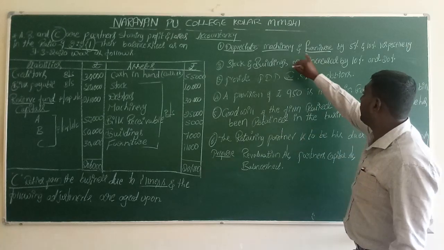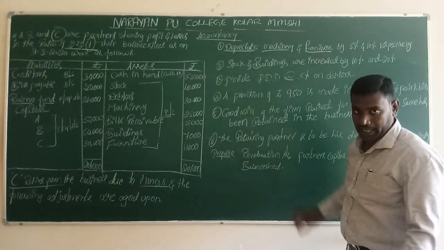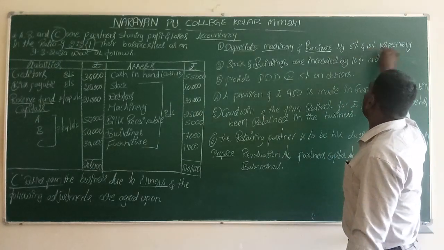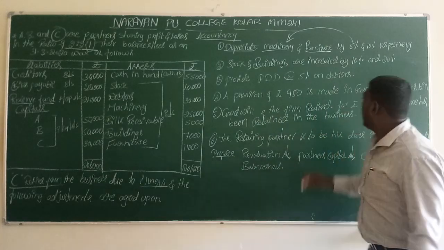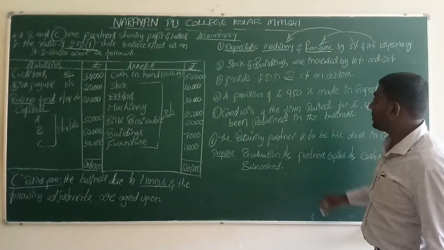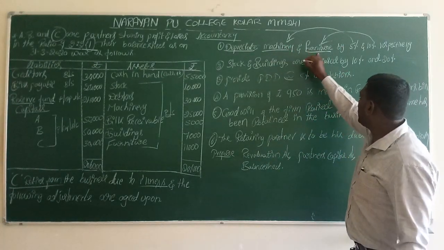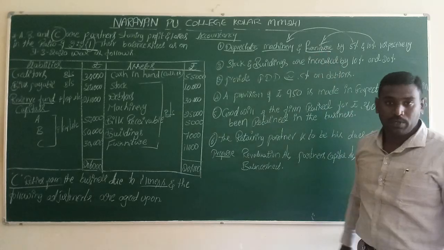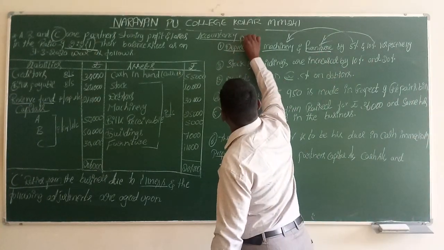But here they first give the names of the assets, that is machinery and furniture, and later the percentages. The first percentage goes to the first asset, and the second percentage to the second asset. So for machinery, 5% is the rate of depreciation, and for furniture, 10% is the rate of depreciation respectively.